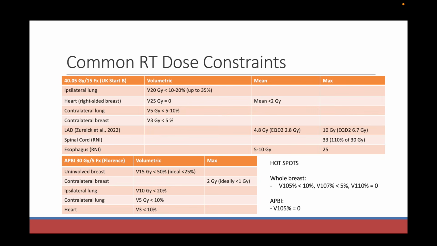You can accept up to 35%, but remember this is breast, so hopefully you're not going as high as with lung. Heart, you want your mean less than 2 gray. Contralateral lung, you want your V5 gray less than 5 to 10%. Contralateral breast, you want V3 less than 5%. And I think these are the most important constraints that we should know for breast radiation.